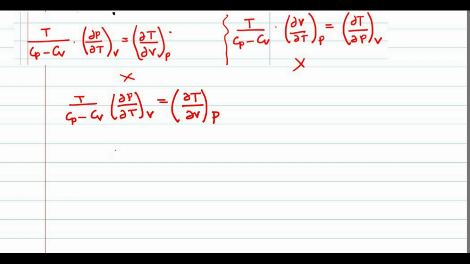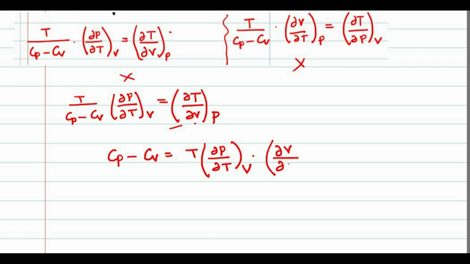If we rearrange this, we will be getting Cp minus Cv is equal to T into dou P by dou T at constant volume into, so this will be coming on that side, dou V by dou T at constant pressure.